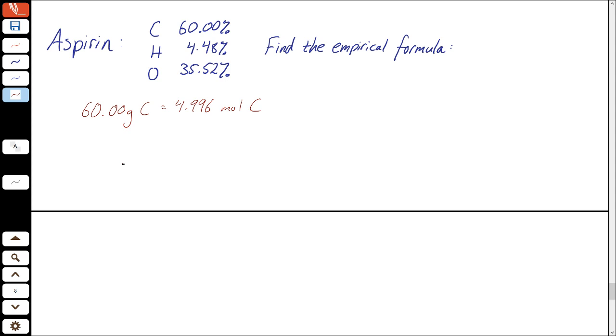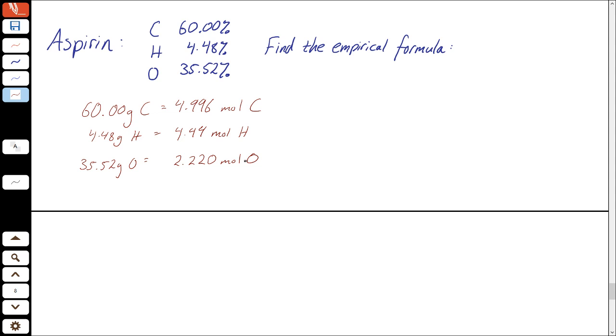I have these numbers, so I'm just going to skip the conversion step, but we know how to do that. 4.48 grams of hydrogen is 4.44 moles, and 35.52 grams of oxygen is 2.220 moles. All right, are we together so far?